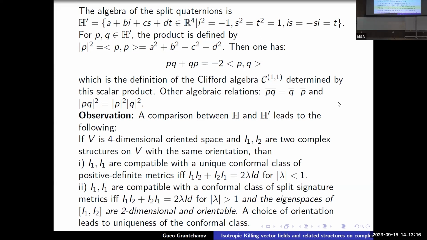Now, if you have a quaternion which is purely imaginary, its square is actually plus or minus depending on the sign.